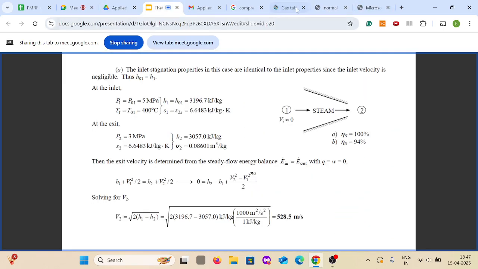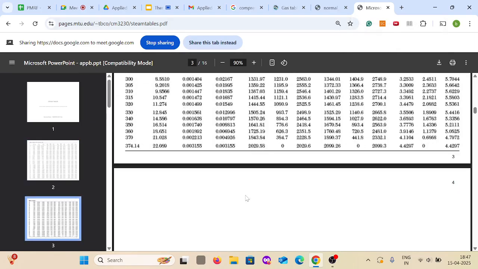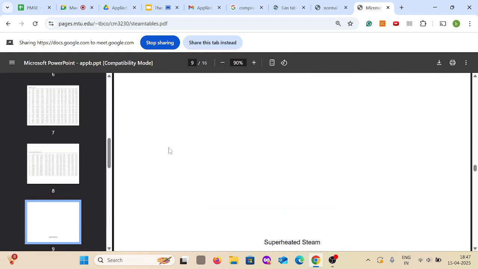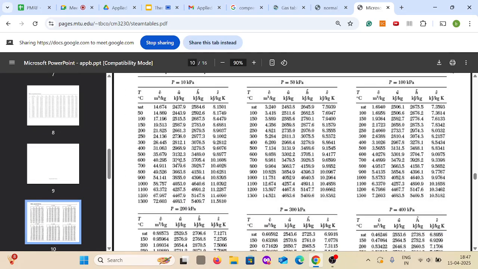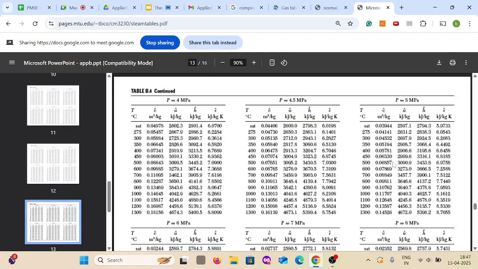So first is 5 megapascal and 400 degrees Celsius. So 5 megapascal and 400 degrees Celsius here.